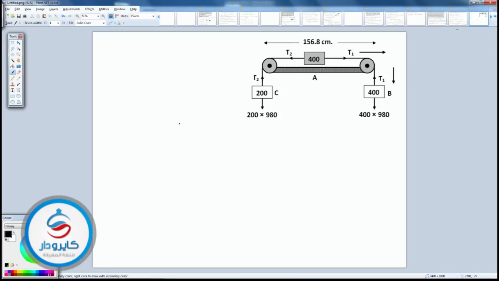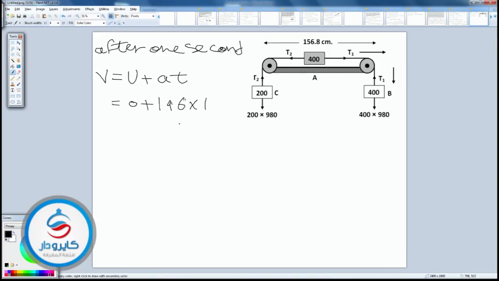Look at this figure. After 1 second, V equals U plus AT, equals 0 plus 196 times 1.